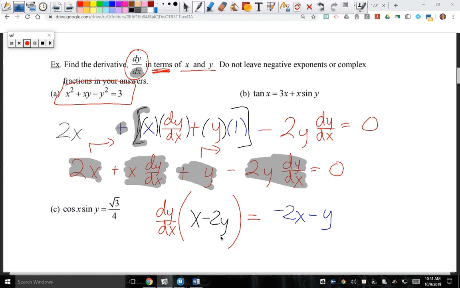All we've done is basic algebra 1, and then GCF, which is still algebra 1. And what am I finally going to do at the end? Divide by x minus 2y. So negative 2x minus y over x minus 2y is equal to the derivative. In terms of what? x and y.